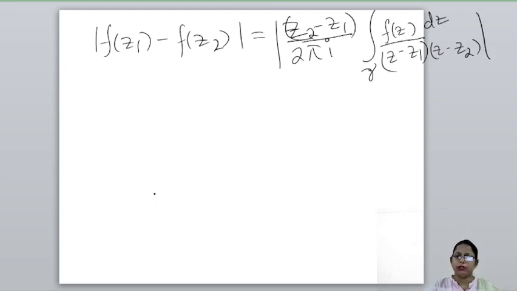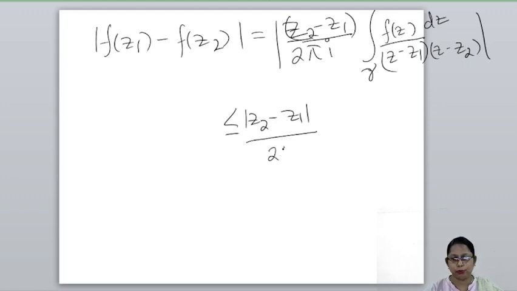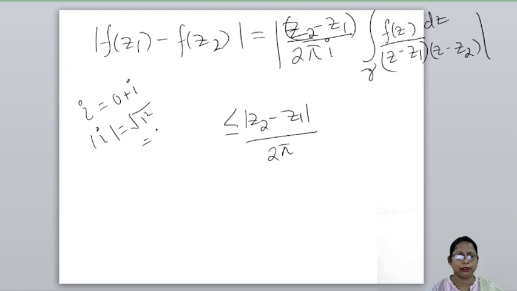Using the properties of modulus, (z2 minus z1) by 2 pi, since i can be written as 0 plus i, so modulus of i is the square root of 1 square, that is 1.